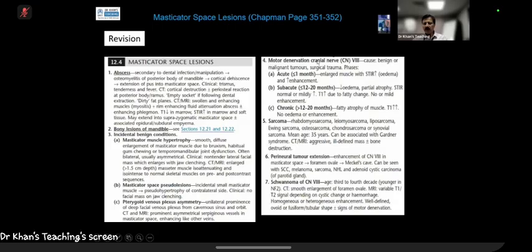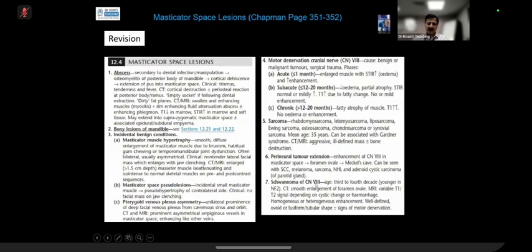Motor denervation, no, it was not. Sarcoma, it doesn't look all that invasive. Perineural tumor extension, no, it was not. And then schwannoma of a cranial nerve. There is a bit of a typo there. The cranial nerve is the mandibular division of the trigeminal nerve. So this is what it is.